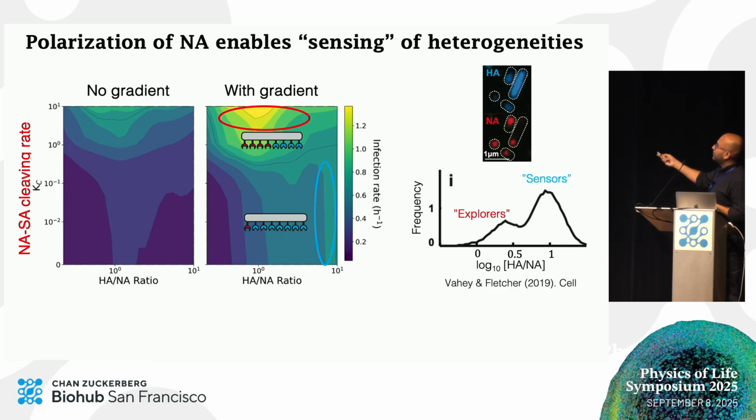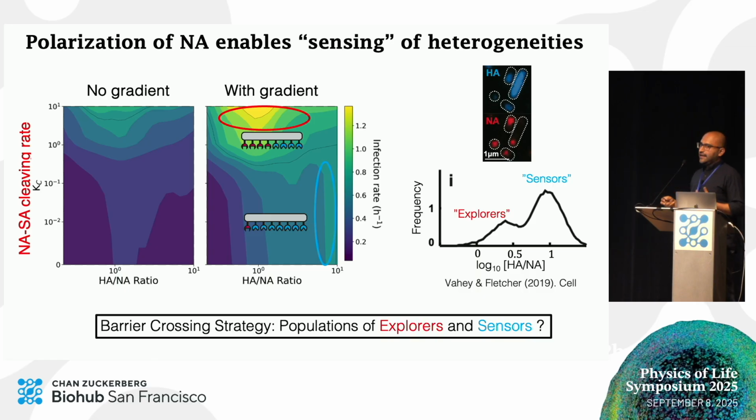You have some fraction, termed explorers, with a 1-to-1, 2-to-1 distribution of HA and NA, and you have a population that's like 10-to-1 HA to NA, termed sensors. So could this be a barrier crossing strategy that IAV exploits as a population rather than just random noise? That's something I'm currently working on.